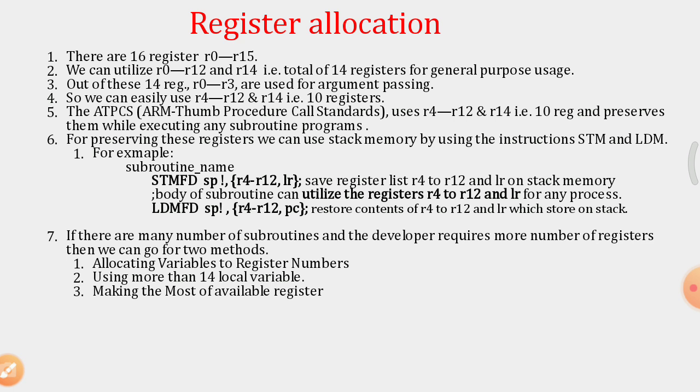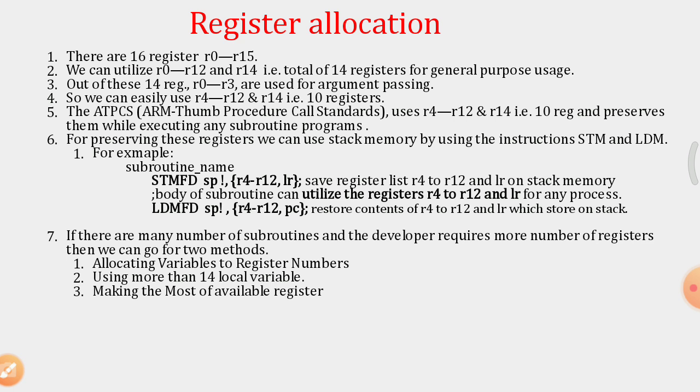This register list saves R4 to R12 and LR on the stack memory. After this, the body of the subroutine can utilize the same registers R4 to R12 and also LR for any process within the subroutine program only.